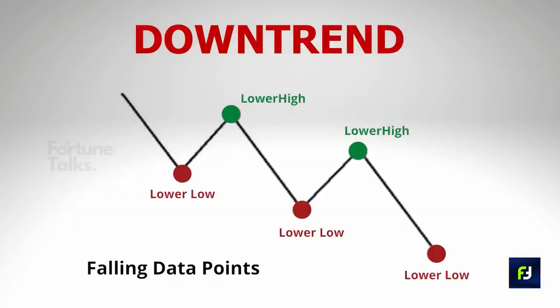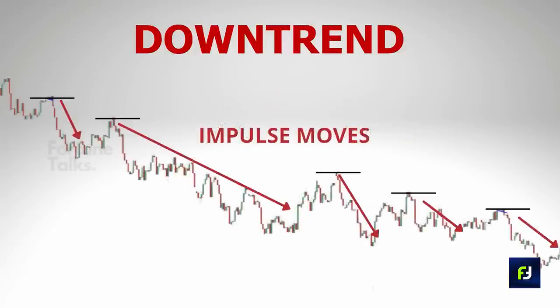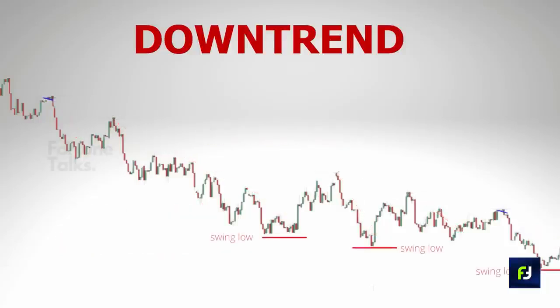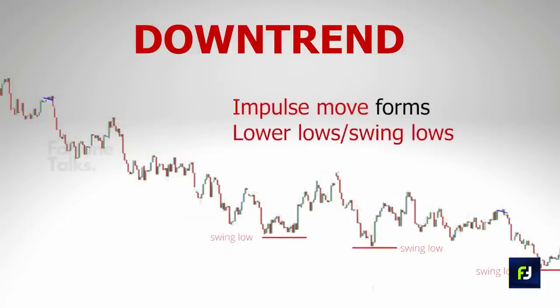Coming to downtrends, by definition, these are marked by falling data points, such as lower swing lows and lower swing highs. In a downtrend, the price moves down in such a way that the swings also move down, making a recognizable pattern. So during a downtrend, the impulse move is strong in the downward direction with a series of strong bearish candlesticks which forms a lower price than the previously formed low.